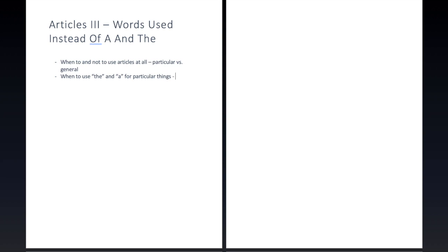And the reason that we use the is because the thing is defined. A noun is defined to the listener, and that means they have enough context to know which one the speaker is talking about.